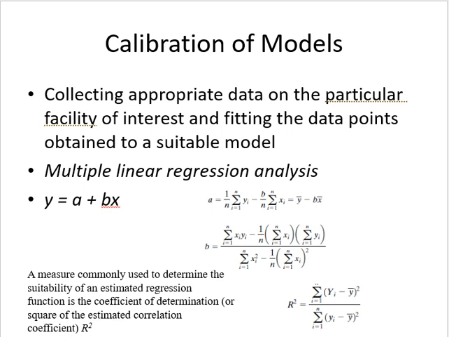This is very simple, right? A is the average of y minus b into the average of x. So I have to find out b first. Done. Wrote the b equation.